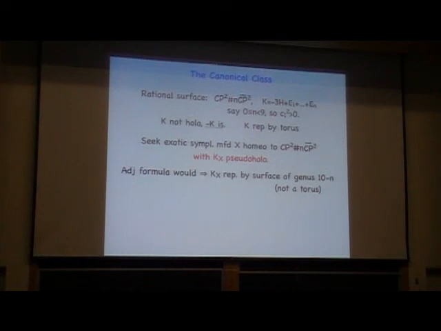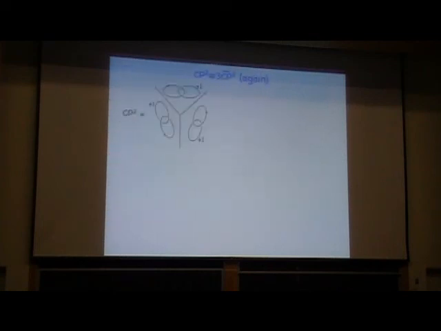I mean, there are these fake CP2s of Mumford and Prasad, and they've been classified by this beautiful work of Cartwright, where he showed there are exactly 50 of them. And the canonical class is genus 10. So what you want to do is look for tori so that when you do surgery, the genus of the canonical class is forced up. So let me show you how to do that.